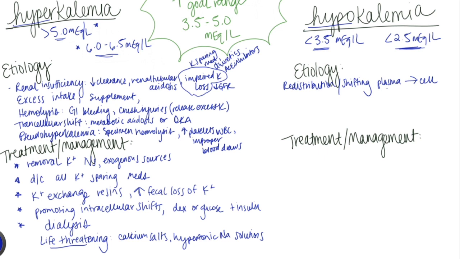Our second primary cause is going to be extrarenal losses, so things outside the kidney. We can see instances of hypokalemia and extrarenal losses in times of diarrhea, laxative abuse, fasting, inadequate intake, as well as magnesium depletion.